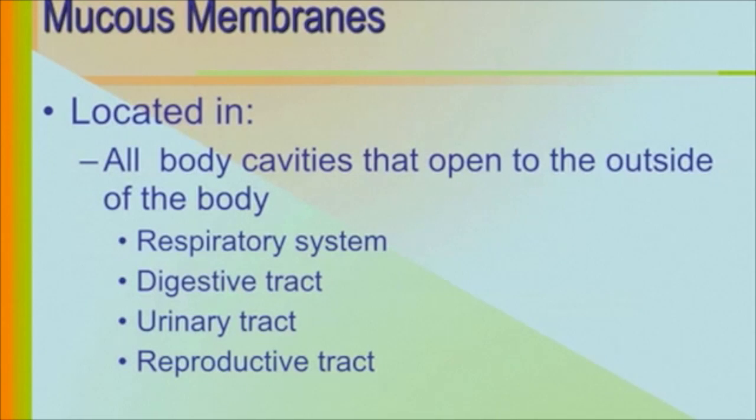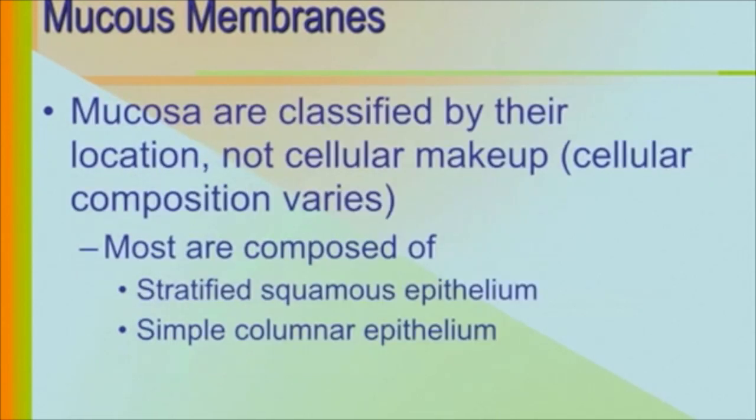So not by the fact that they produce mucus, because not all of them do produce mucus. They are classified due to the fact that they have an opening that extends to the outside of the body, and that's a natural opening, not like a cut. That's like the opening of your mouth, or the opening of your urethra, and so forth.